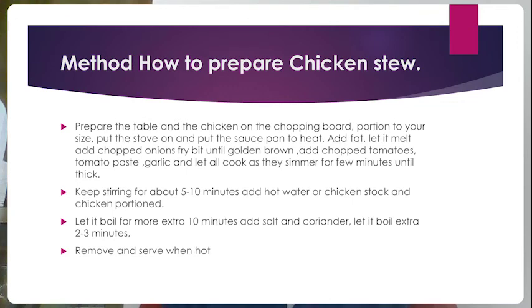To the chicken you add in the chicken stock. If you don't have the chicken stock, boil hot water. Let us use hot water instead of cold water, because the more you use cold water, it will reverse the temperature the chicken has reached, and the gravy will also not come out nice.